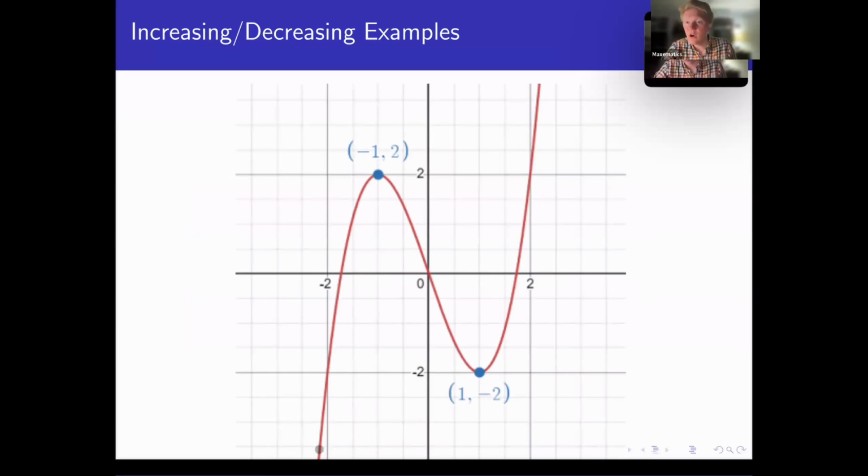So notice that things are a little different around these points. What I mean by that is let's follow the graph. Okay, on this graph, if we follow it, we are literally going up. So we are increasing up to the point -1, 2. So what this says is this: from x equals -infinity to x equals -1, the y values are increasing.